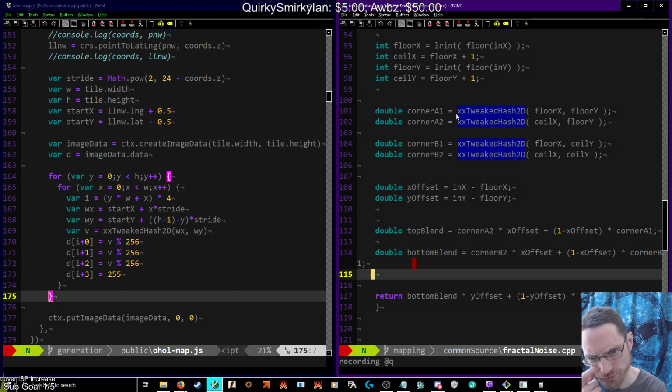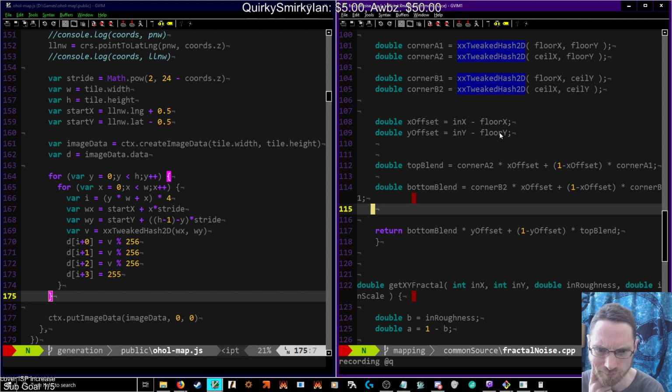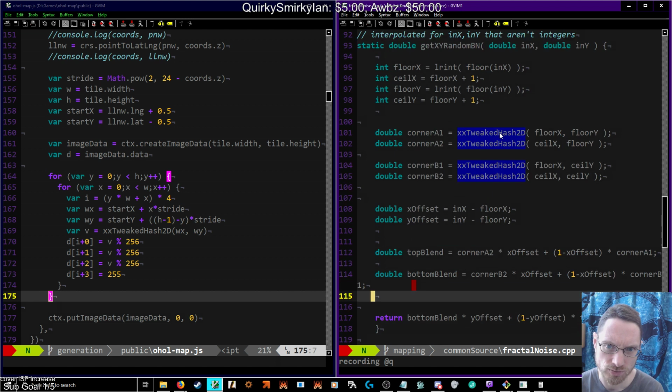So we get the four corners from the integer function, and blend in between.